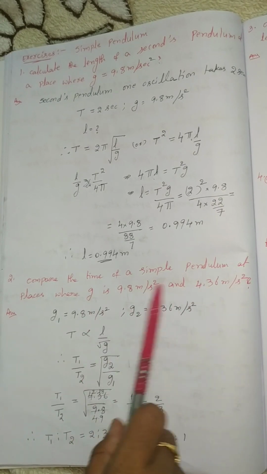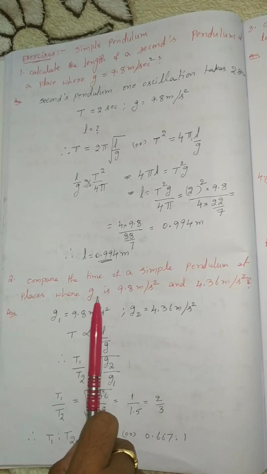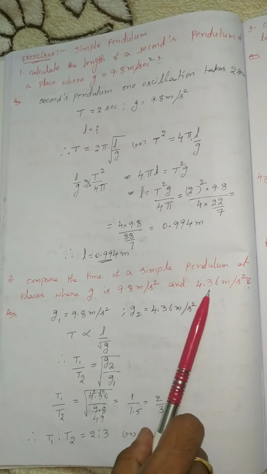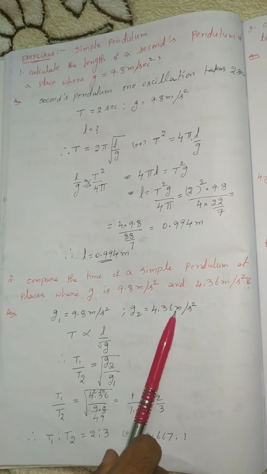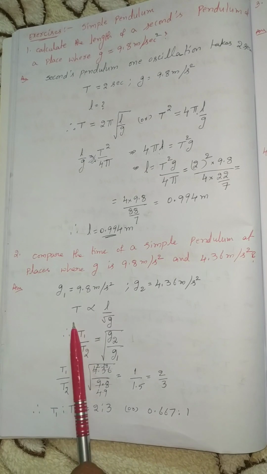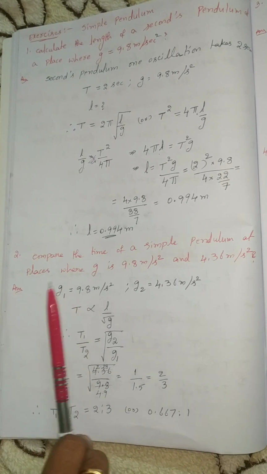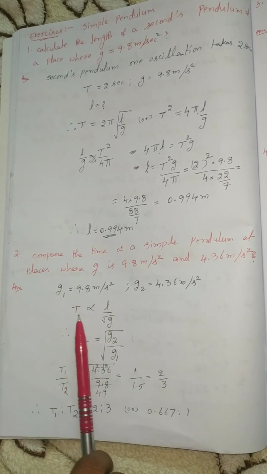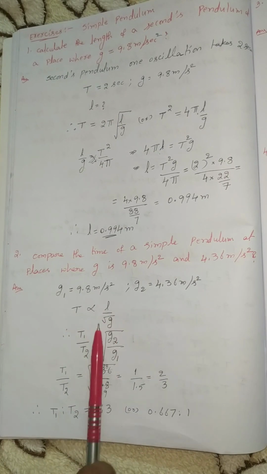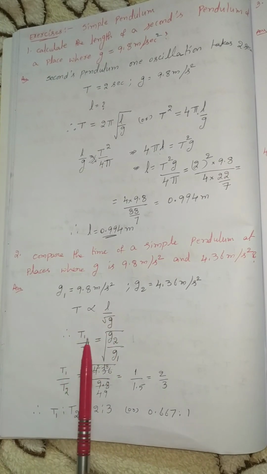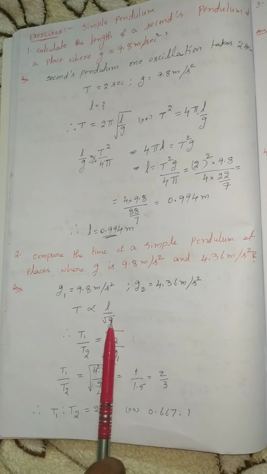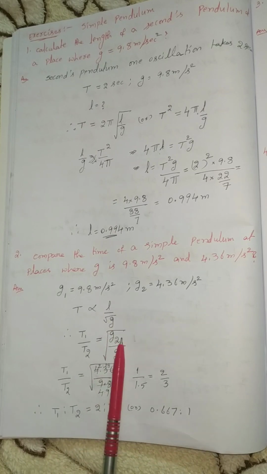So two values they give. It means g1 equal to 9.8, g2 equal to 4.36. This is the relationship of the T and the g. So we know that T is proportional to 1 by root g. So T1 by T2 equal to root of g2 by g1.